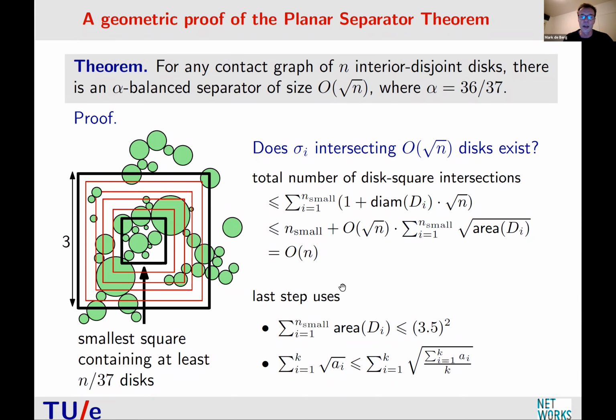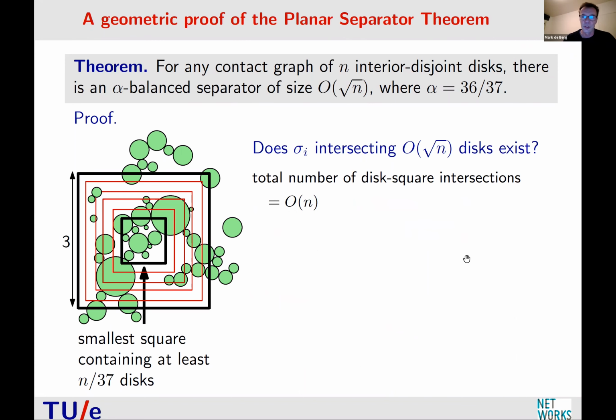So they don't lie in an area of size 3 by 3, but because they're small disks, well, there's maybe a quarter here and a quarter here, it's 3.5 squared. And then using that, you can show that this here cannot be more than square root of n. Okay, but let me skip that; if you look at it for half a minute or something, you will see that this is true.